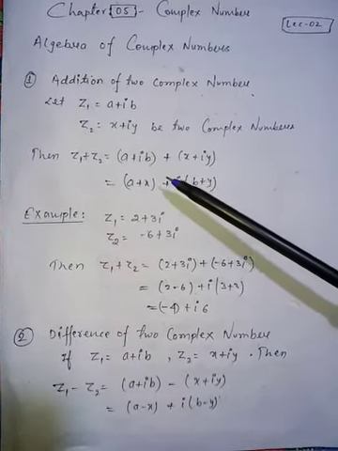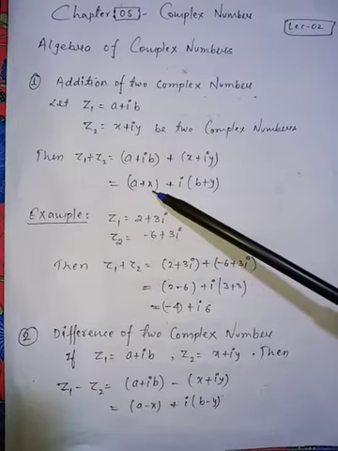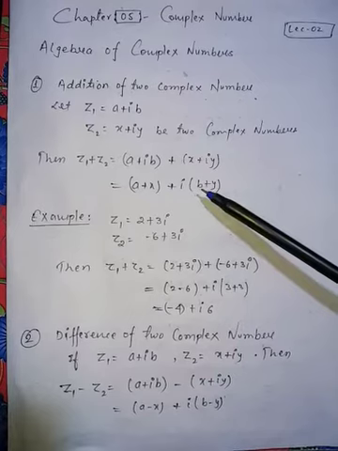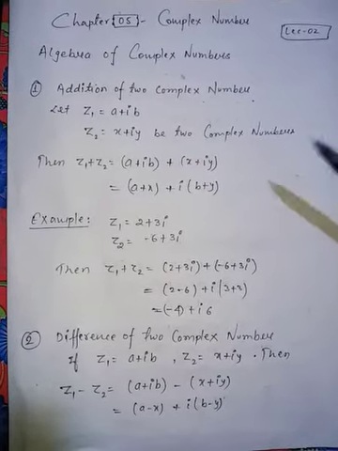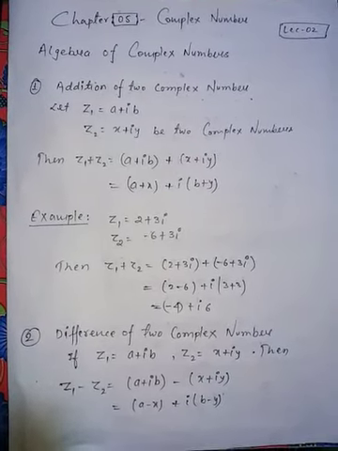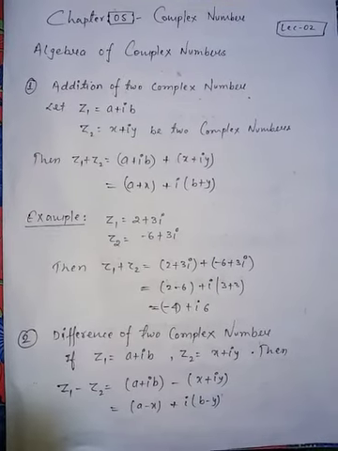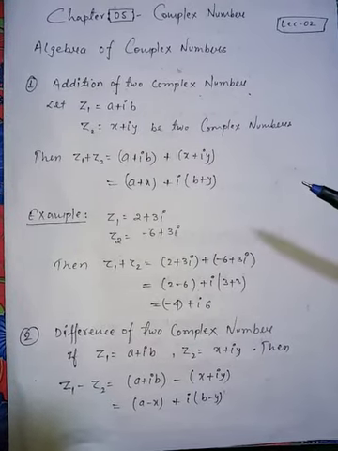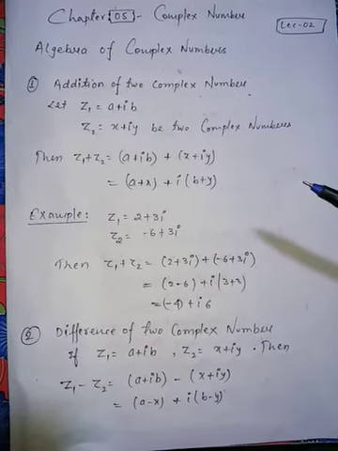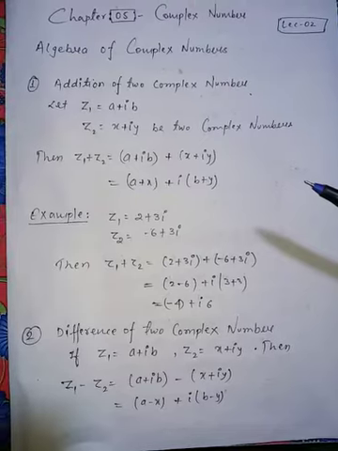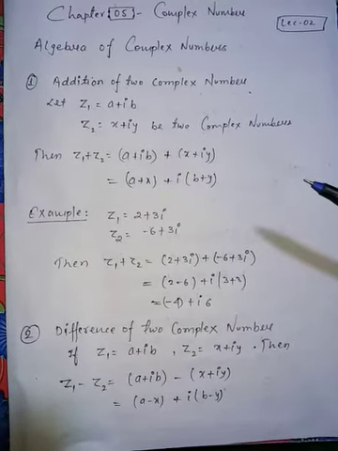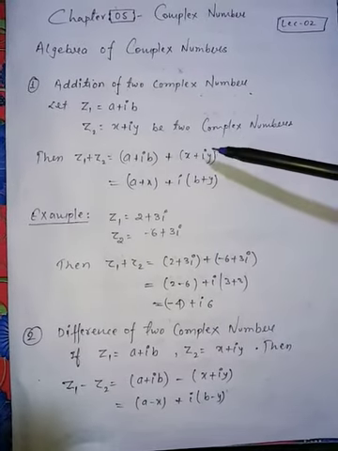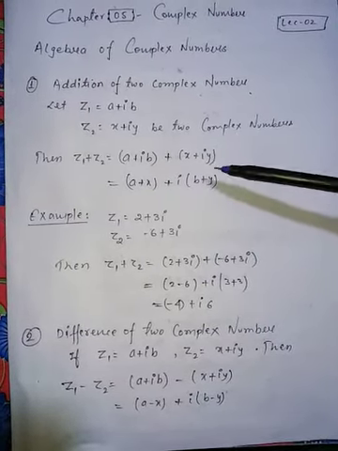We add a plus x plus ib plus y. So for addition we add the real part of z1 and z2, and we add the imaginary part of z1 and imaginary part of z2.